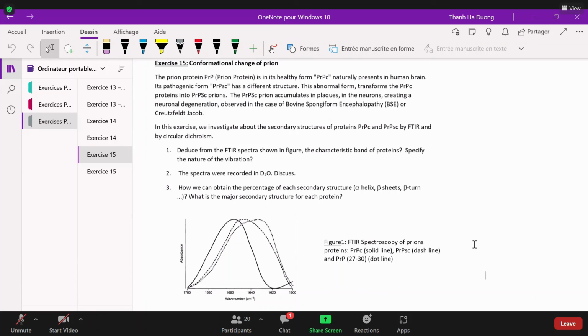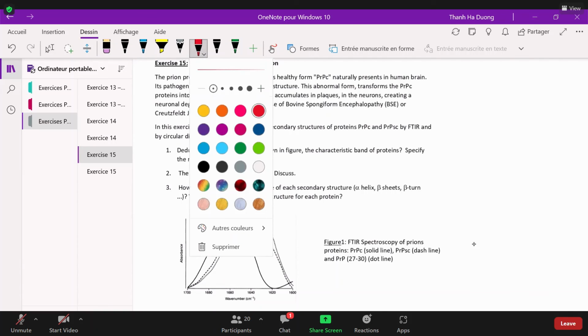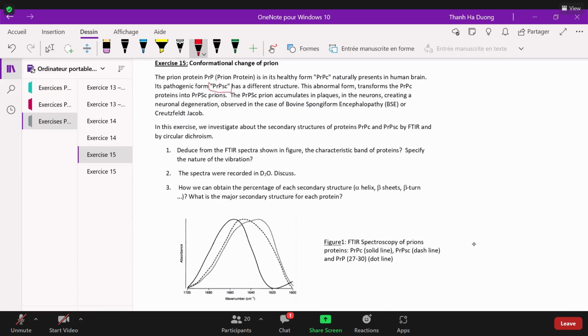One is healthy and is called PrPC, and one is pathogenic, which is called PrPSc. So you have two conformations, one healthy and one pathogenic.